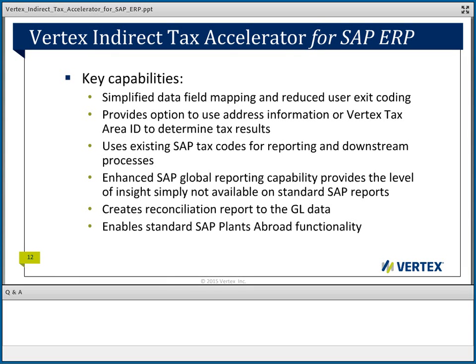Also ways of reconciling between Vertex and SAP, and those are brand new features that I think you're going to really enjoy. So the reconciliation, especially if you're doing returns out of Vertex and you want to make sure everything came across from SAP over to Vertex.